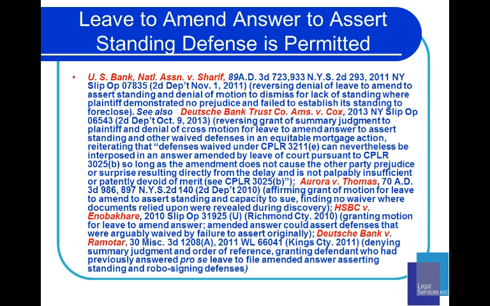There's that Cox decision, literally from last week, basically holding the same thing, reversing a grant of summary judgment and denial of the cross motion for leave to amend, where those waived defenses, which were not just standing, in fact, by the way, it included capacity to sue and statute of limitations and other defenses, and the court held that those can nevertheless be interposed in an answer amended by leave of court, so long as the amendment does not cause the other party prejudice. And there are other cases standing for the same proposition.